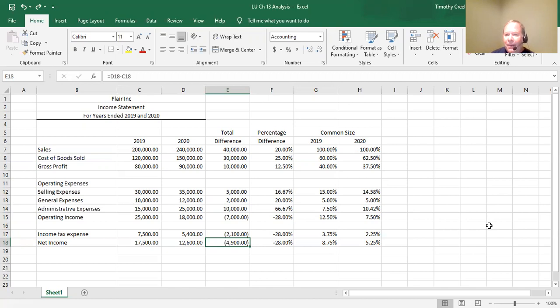So there's a few different ways to analyze a financial statement. One is horizontal analysis, which means that you're looking at comparing different dates. And so by coming up with the dollar value differences from 2020 to 2019 and the percentage differences here, these two would be more horizontal analysis.